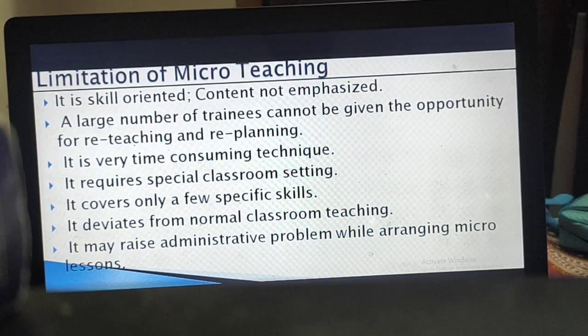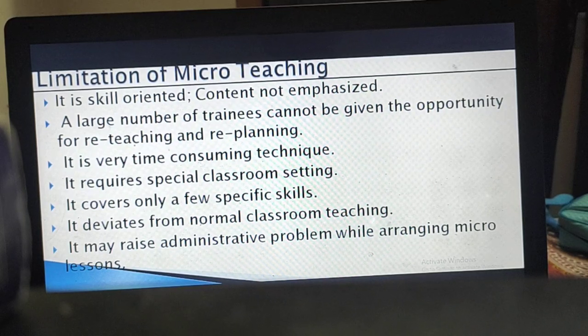But nowadays, skilled observers are not available. If the observers are not able to give proper feedback to the teacher, the teacher cannot develop their teaching skill.